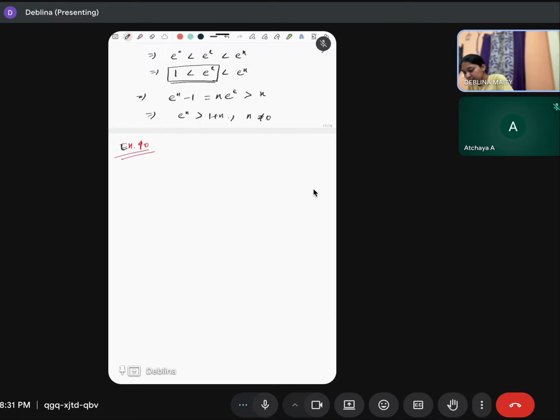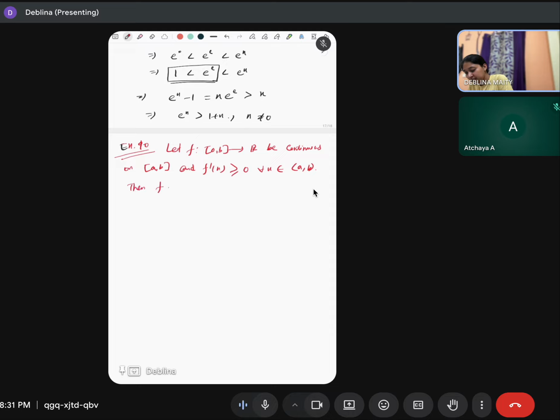Let f from [a,b] to R be continuous on [a,b], and f dash x is greater than or equal to 0 for all x belongs to (a,b), right?